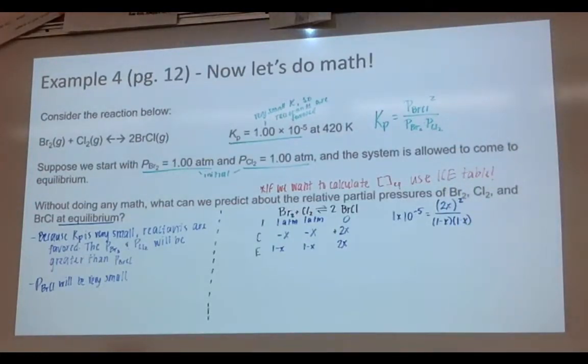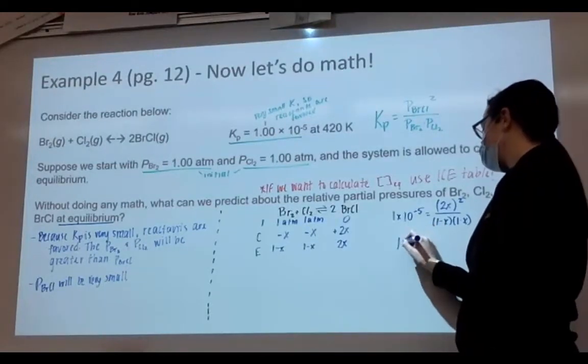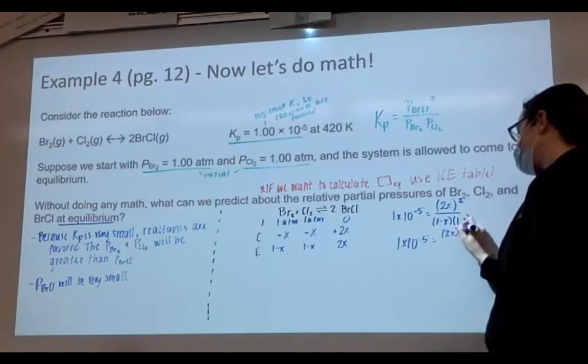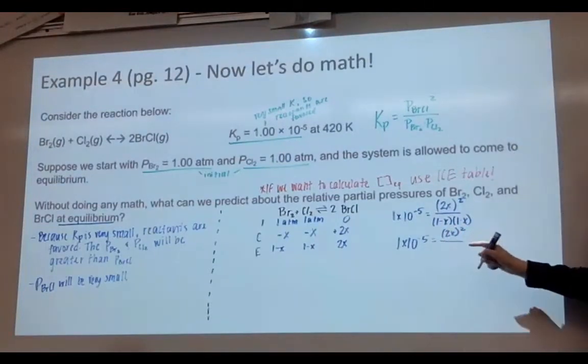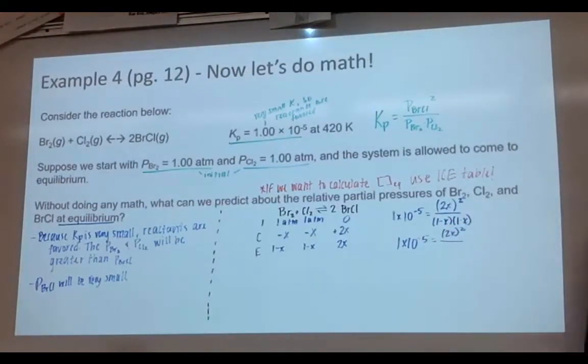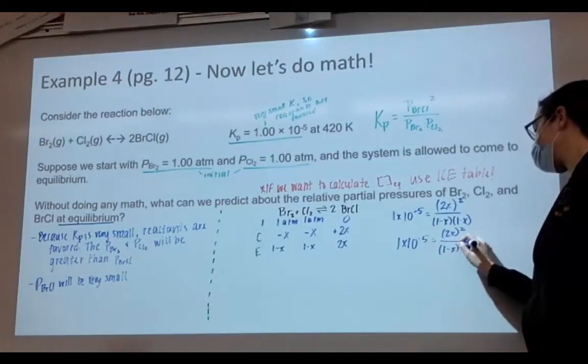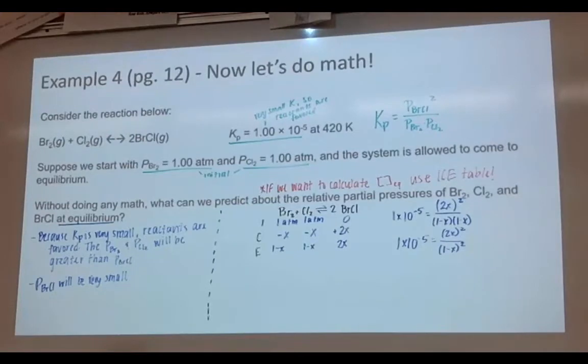Now you might look at this and you're like, oh no, that's quadratic. But actually it's not. Because what I can do, 1 times 10 to the negative fifth is the quantity 2x squared over 1 minus x times 1 minus x, which is 1 minus x squared.